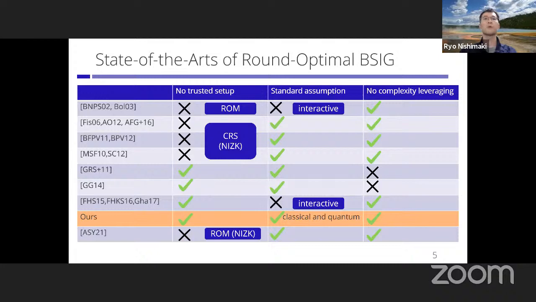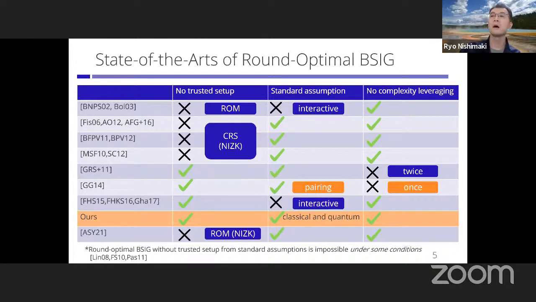So those protocols are based on strong assumptions. In fact, round optimal blind signatures without trusted setup from standard assumptions is impossible under some conditions.